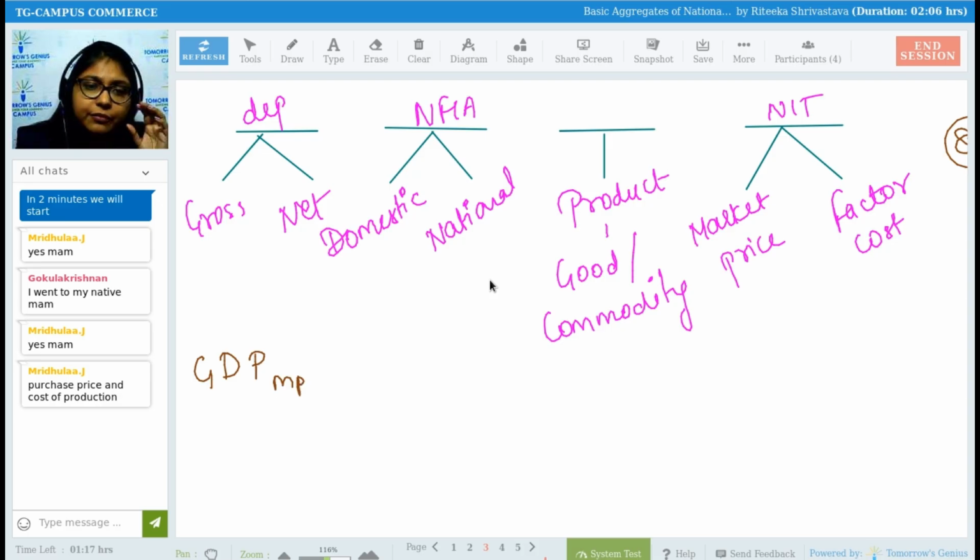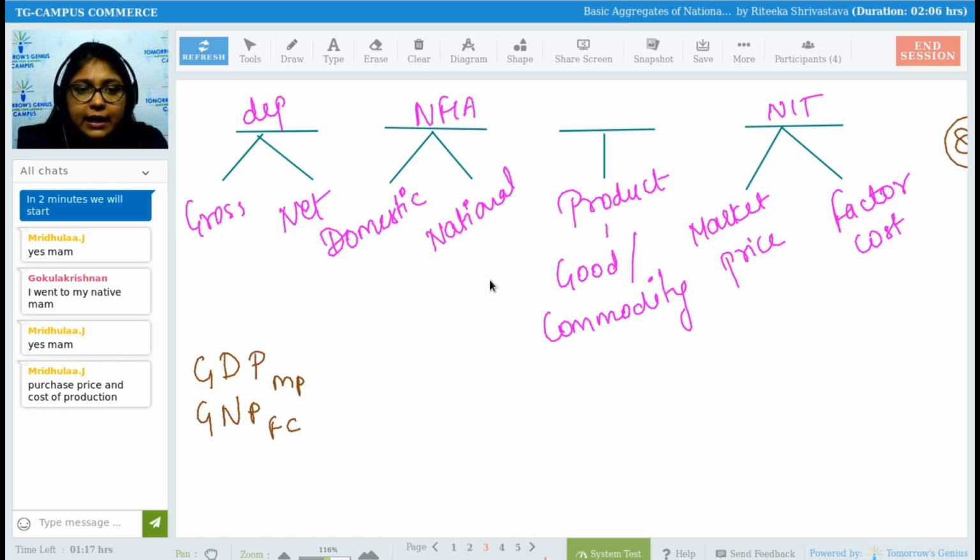Again, from the first line we will take the first letter only, but from the remaining lines we will take the second words. So here G, second line N, P as it is, FC.